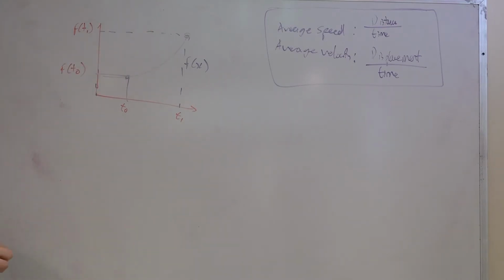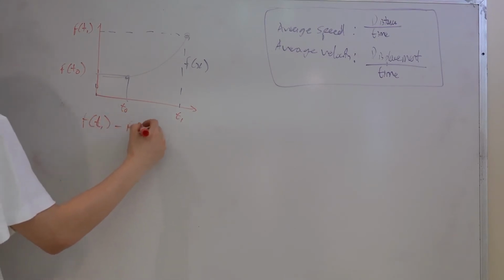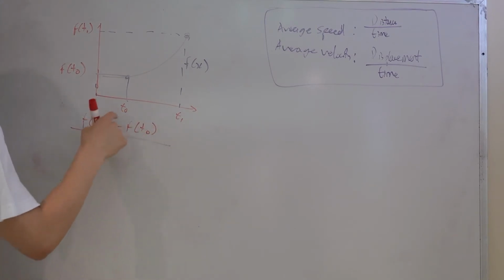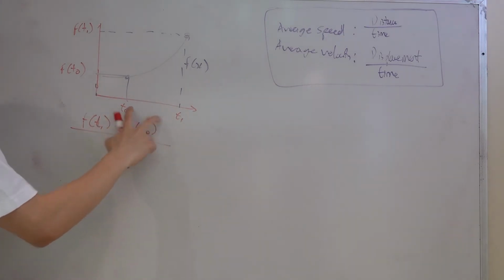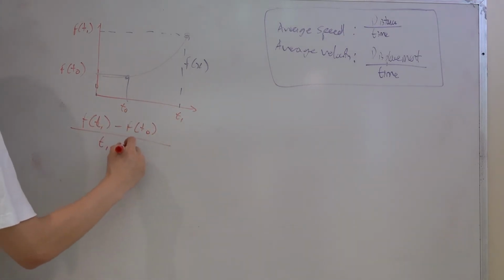Now to calculate our average velocity, all we have to do is take the displacement. So, a little more notationally heavy, but still we're doing the exact same thing, and divide by the difference in time. So that's t1 minus t0. Now this should be jumping out at you. This should be like, hold on a second, haven't I seen this before?